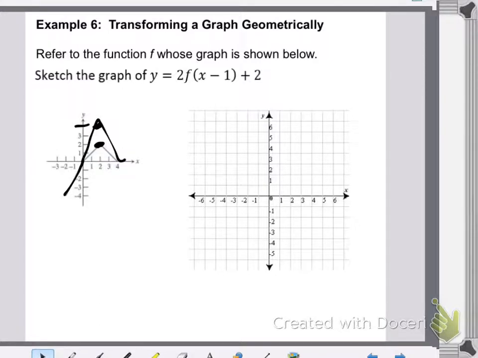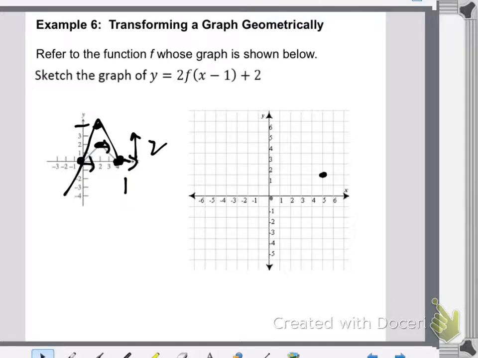Okay. Now, we shift to the right 1. So now, this point here is shifted to the right 1. This point here shifted to the right 1. All the points are shifted to the right 1. And then we go up 2. So this point right here goes to the right 1 and up 2.